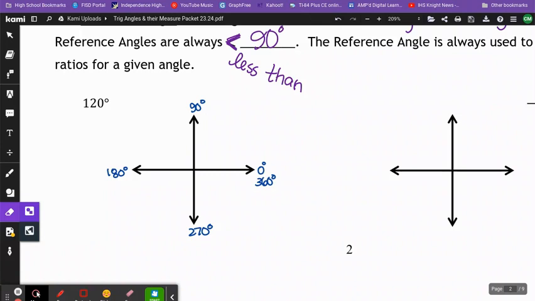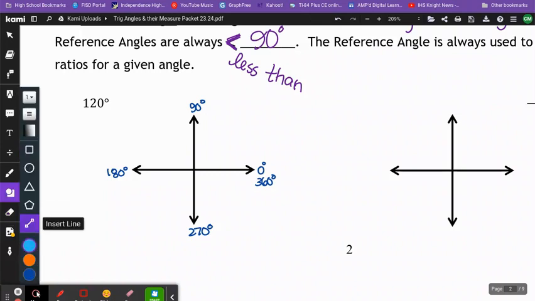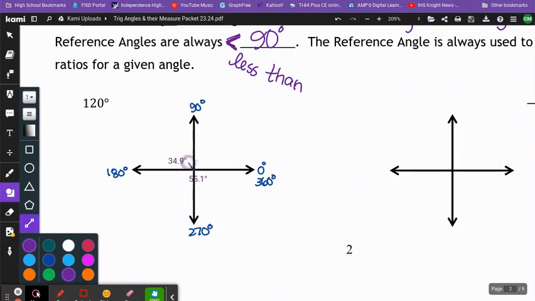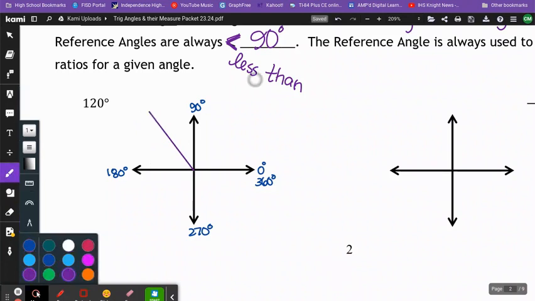So what I'm going to do here is draw my terminal side. So 120, I'm going to estimate that to be about here-ish. So I'm going to draw this angle with arrows. I write 120 degrees right here next to the arrow. That indicates the measure of that angle because that's what I've decided.